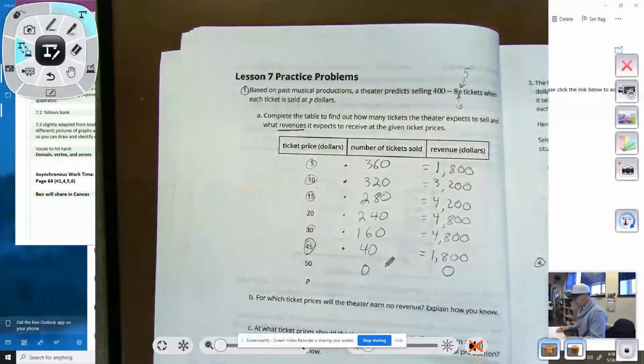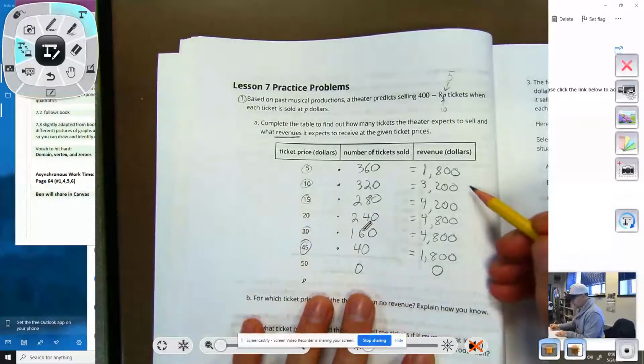Okay, now we can tell by looking at this, the values are going up and then they're going back down.